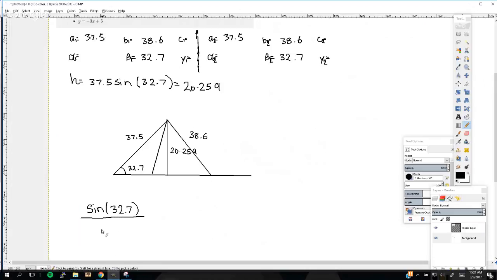And then B is 38.6. If we're trying to find alpha, which would be the corner over here, over 37.5.